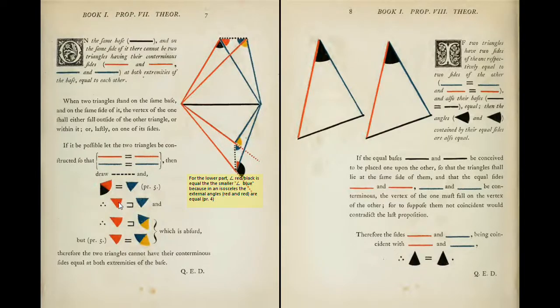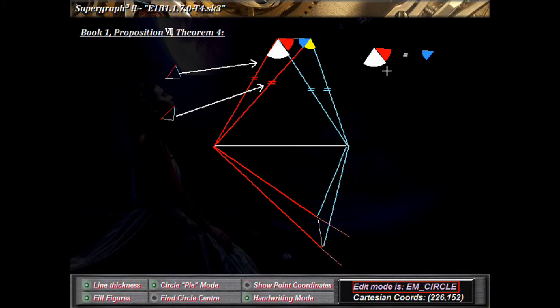Alright, that being the case, since the blue is the sum of two parts, this part and this part, and by axiom nine or whatever, the whole is greater than the part, then red here, being a part of a whole which is blue, must be less than blue.